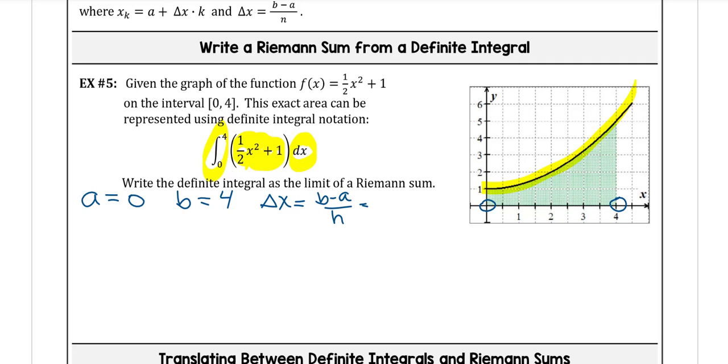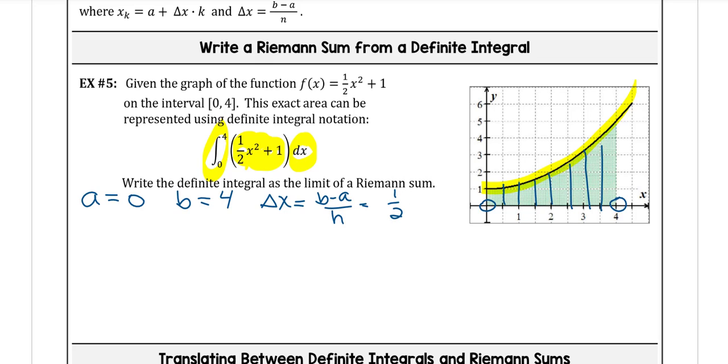We can make as many rectangles as we want, but what seems to make sense here, because remember, the more rectangles you have, the better, is if we divide this area up into halves. So we're going to let that equal 1/2.